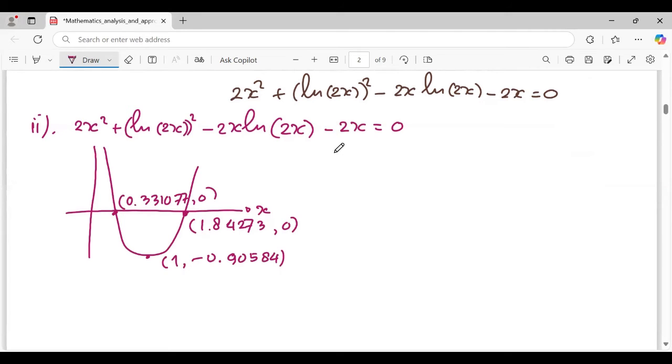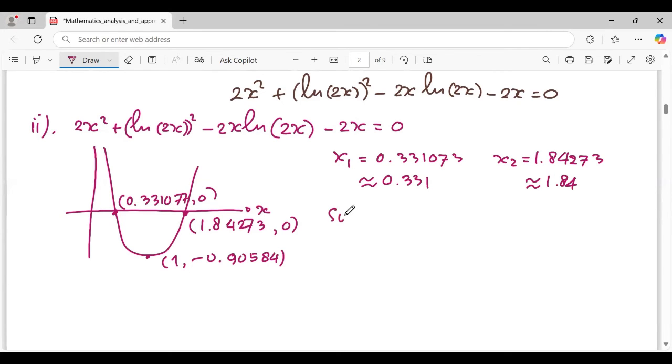We are going to use x1 and x2. x1 we got 0.331073, while x2 is 1.84273, or we can approximate 0.331 or 1.84, to three significant figures.